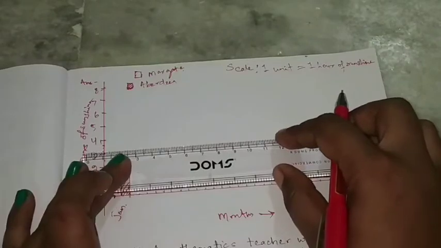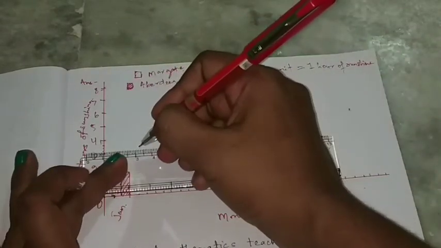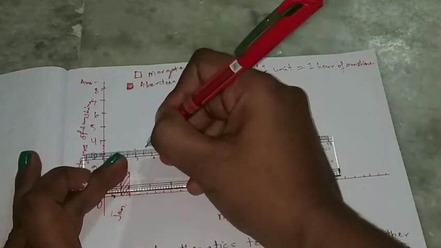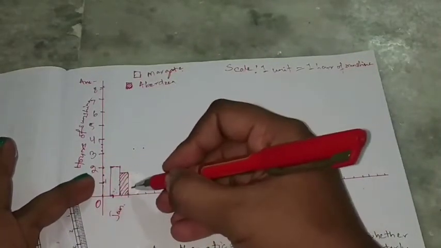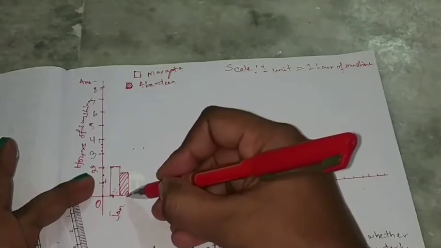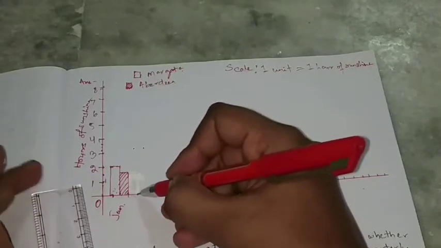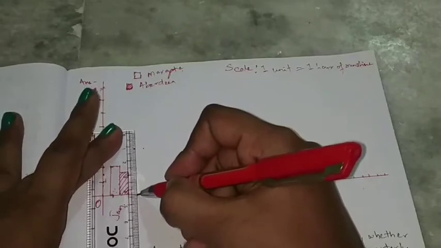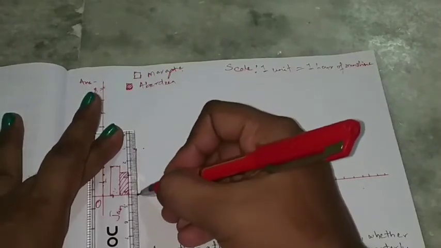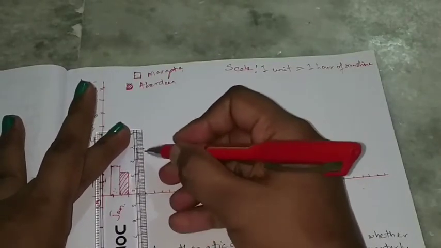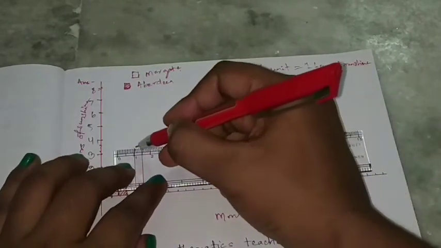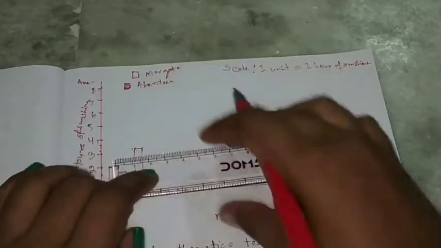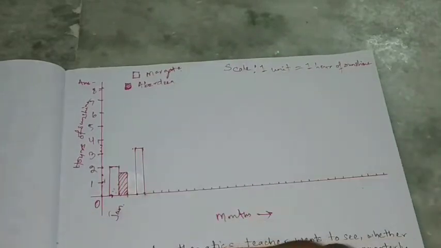I'll take the point. And where I'll start? Here I have taken this much space. So here also I'll take this much space, and after that I'll start. So from here I'll make the bar. Sorry. So this is the bar for Margaret and February.